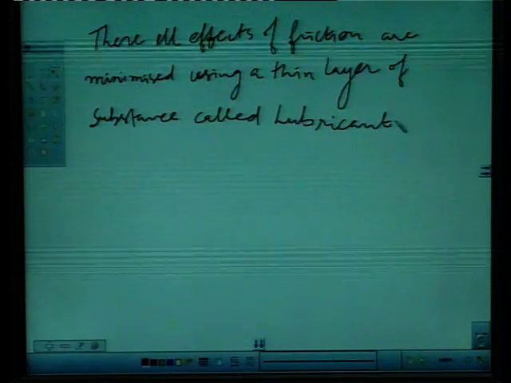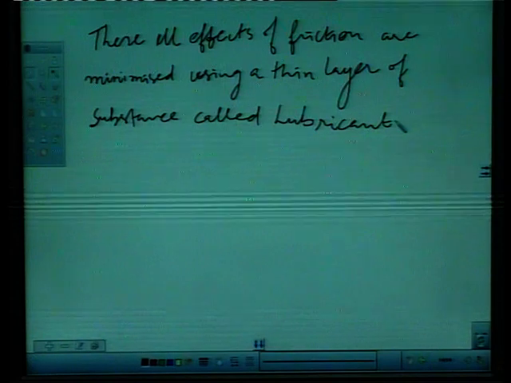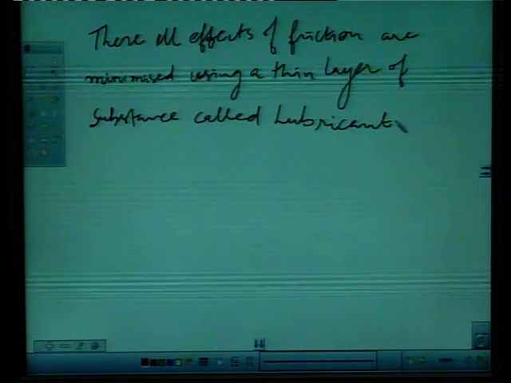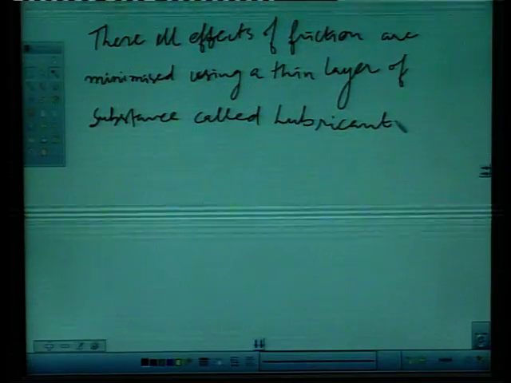So, lubricant is a substance which is used to decrease the force of friction between the moving parts of a machine in contact.